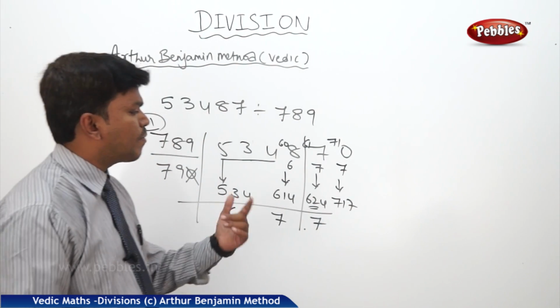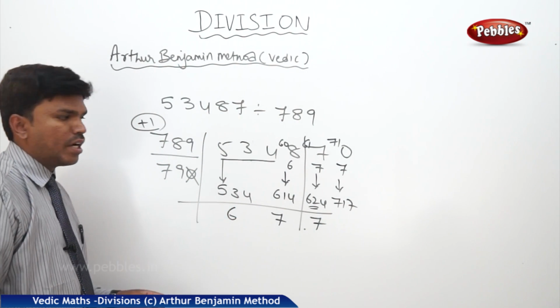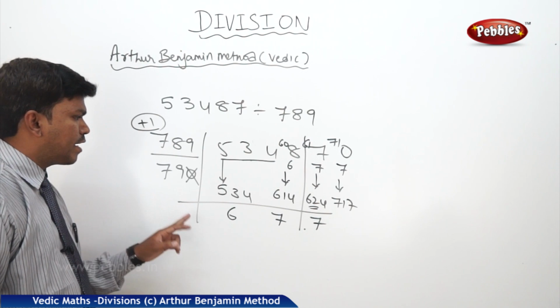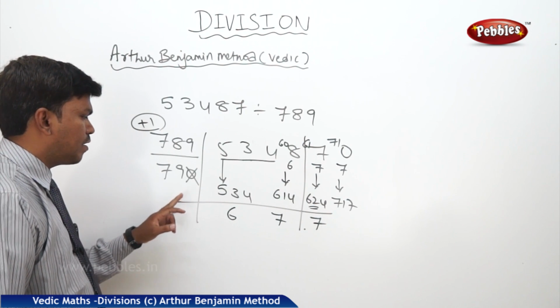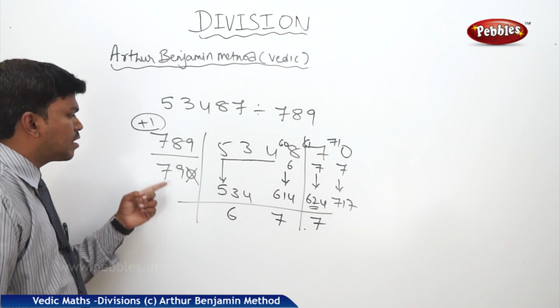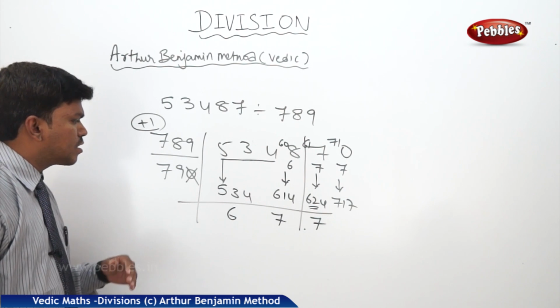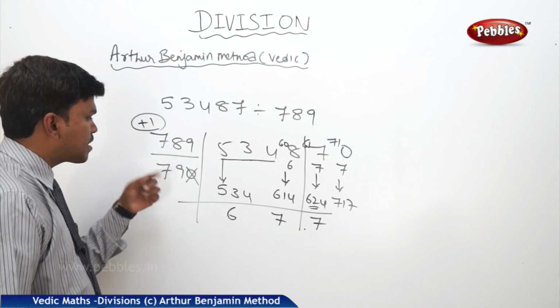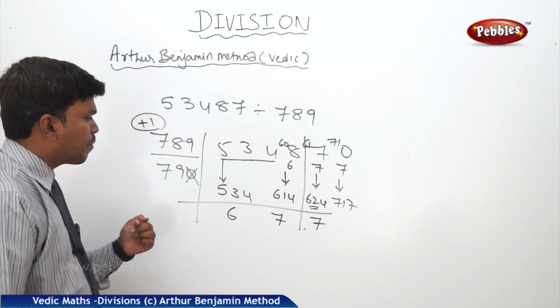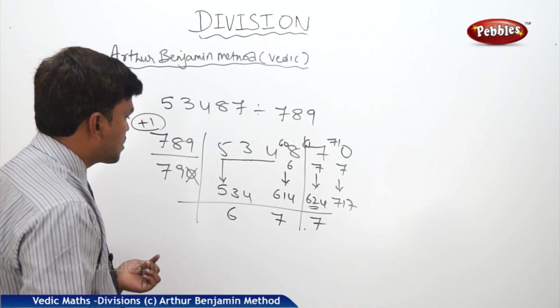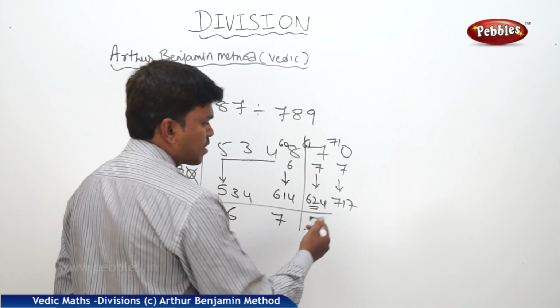So how much will you get? 770. Now this time how many times does it go? I think 9 times, is it? Let us see. 9 times 7 is 63, 630 plus 81, that is 711. Yes, it goes.